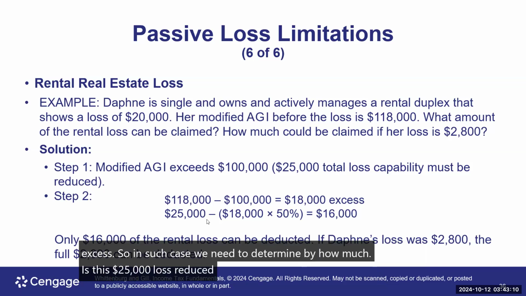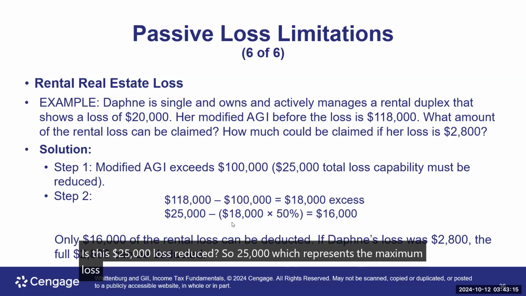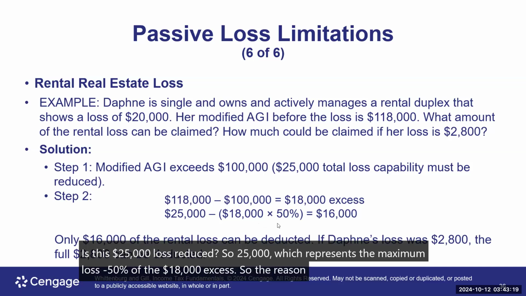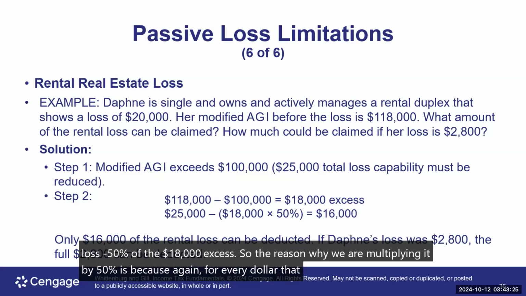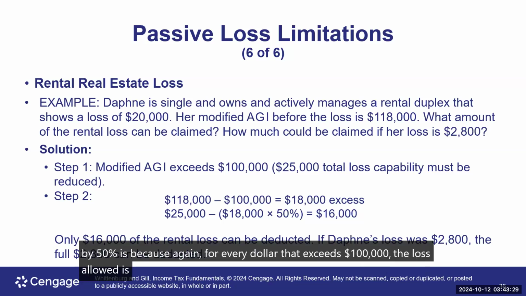So 25,000, which represents the maximum loss, minus 50% of the $18,000 excess. So the reason why we are multiplying it by 50% is because, again, for every dollar that exceeds $100,000, the loss allowed is reduced by 50 cents.